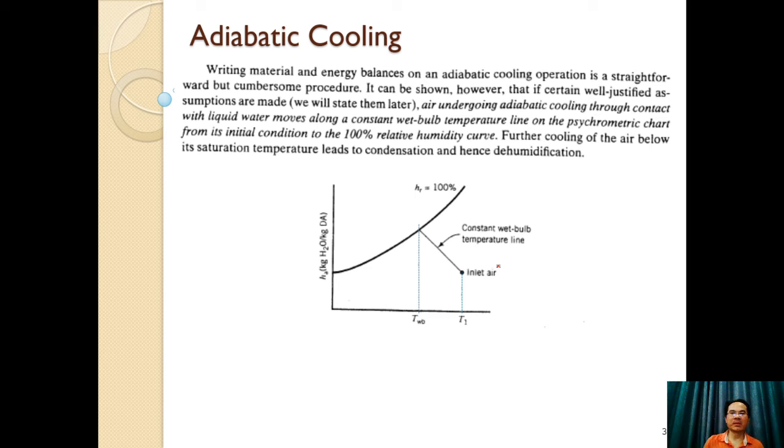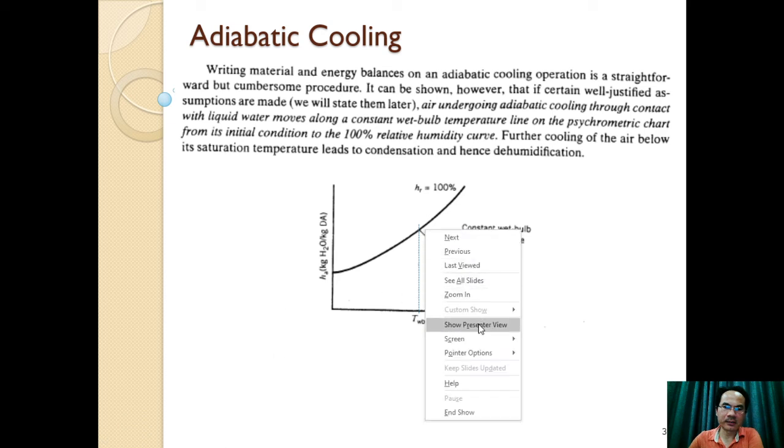Further cooling of the air below its saturation will lead to condensation. For this case, if you know the inlet air, you draw a line from the inlet air parallel to the wet bulb temperature line to the saturation curve, and then you get the wet bulb temperature. Operation is along the straight line.